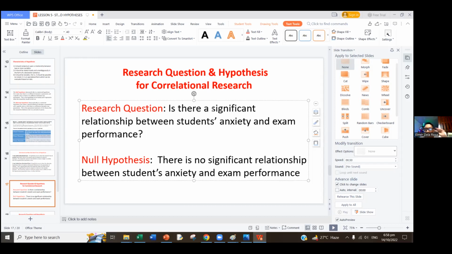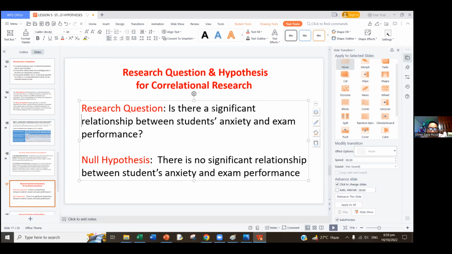Ano yung alternate? Ma'am Christine, can you give me the alternate hypothesis for this example? Can you provide one? It depend po sa research question po, sir. O, halimbawa ito, is there a significant relationship between anxiety and exam?